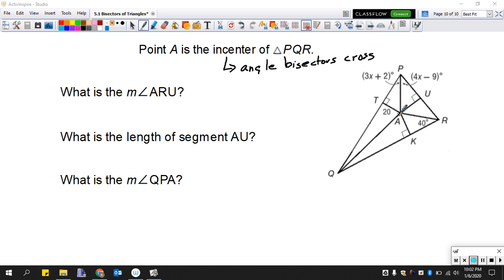ARU, that's this angle right here. Well, when we do that, we know that this is 40. So the measure of ARU is going to be 40 degrees. That's that right there because AR is an angle bisector, because AK and AU are equidistant from the sides of the angle.